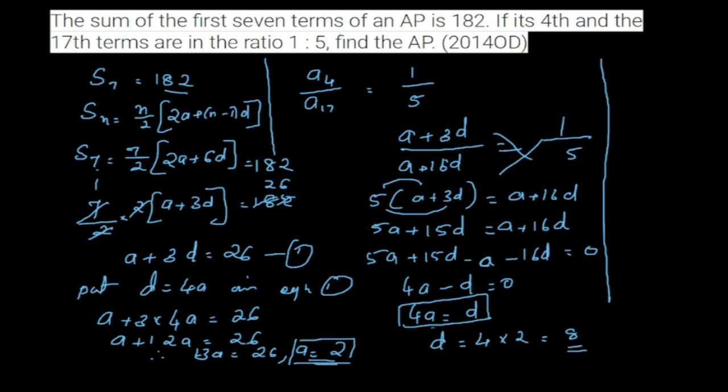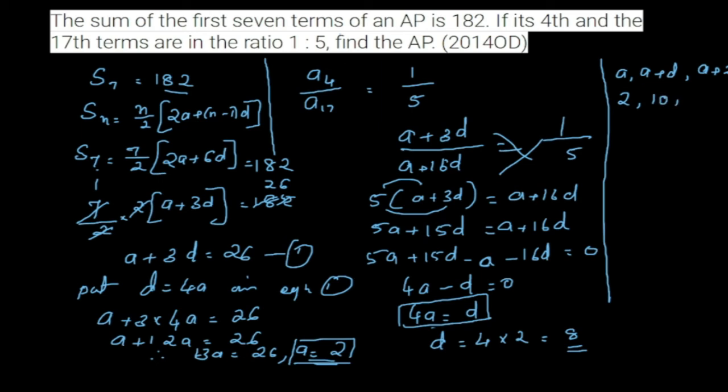How to frame the AP? First we write the first term a, next one a plus d, next one a plus 2d, and so on. What is a? a is equal to 2. So first you write the value of a. Next one a plus d, that is 2 plus 8 is equal to 10.